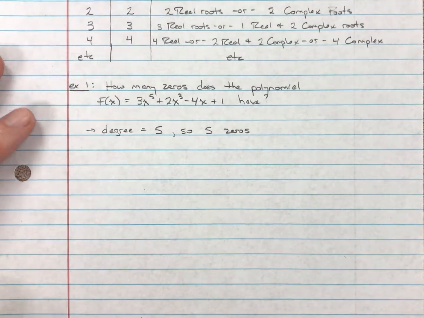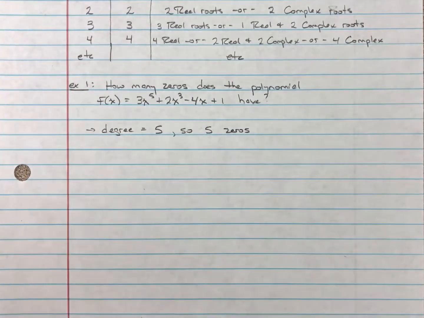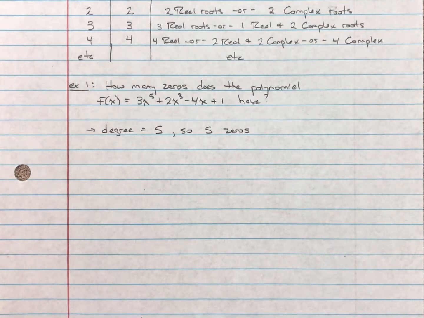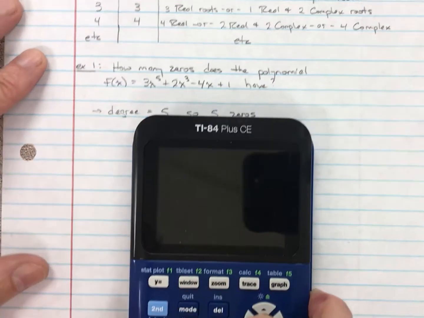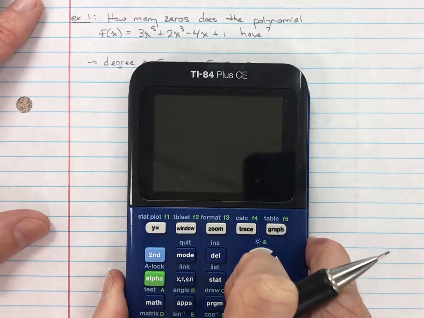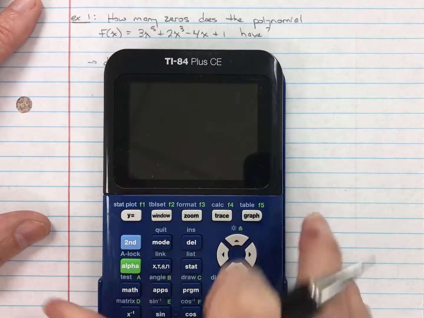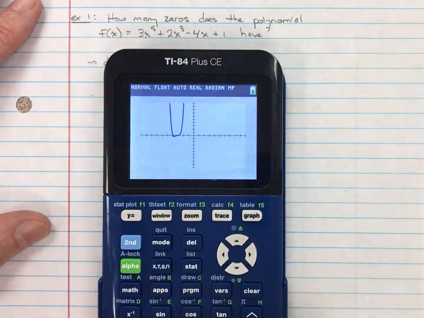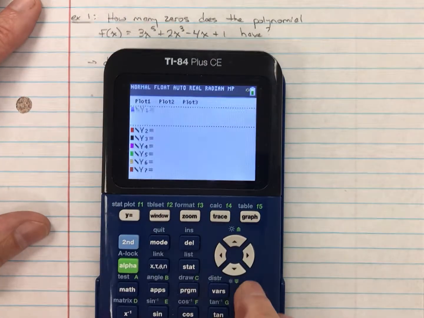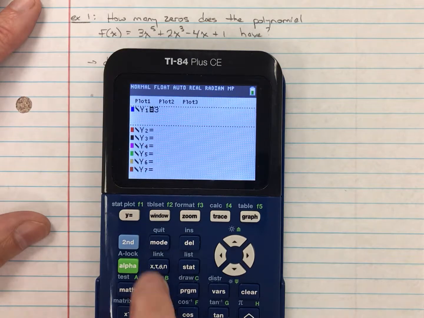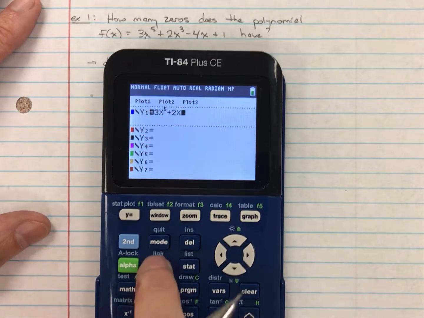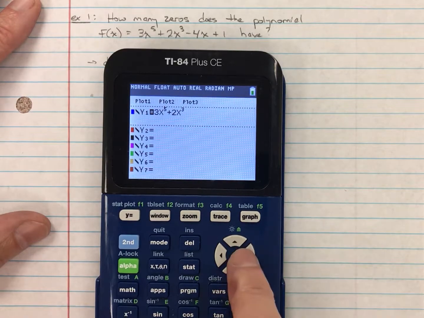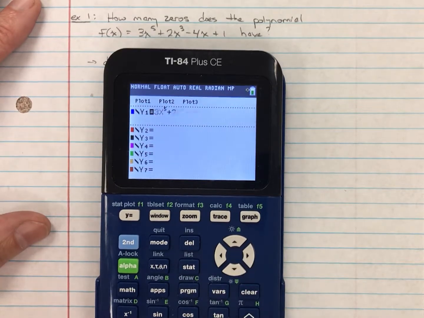Okay, so out of curiosity, let's take a look at this graph here. I'm going to slide this up a touch, and I'm going to graph this 5th degree polynomial. I got to clear out what I had in there. So 3x to the 5th plus 2x to the 3rd minus 4x plus 1.